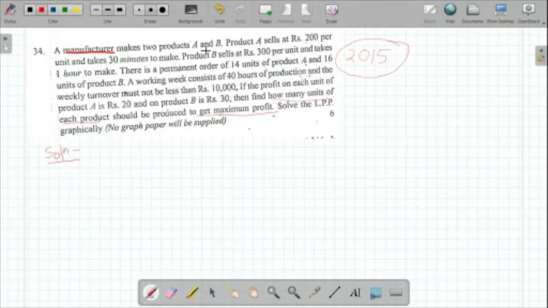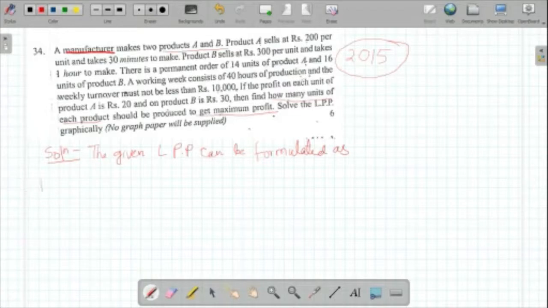Manufacturer, the product they manufacture are A and B, right? So we'll say the given LPP can be formulated as, okay, manufacturer has products A and B. All right, so that's the idea.